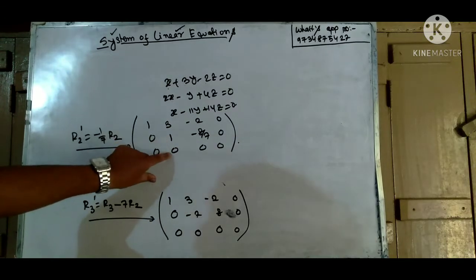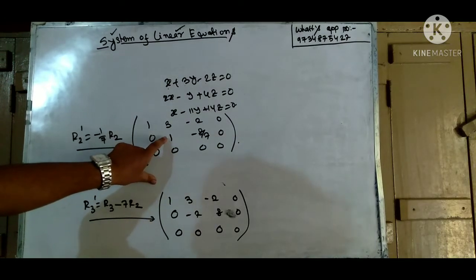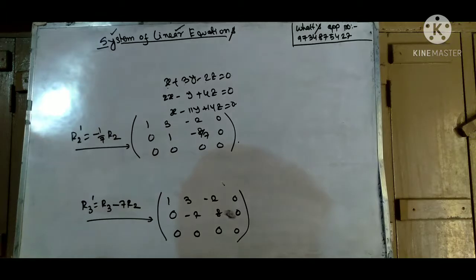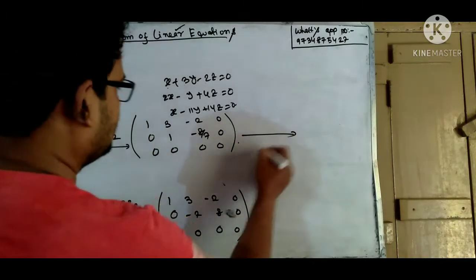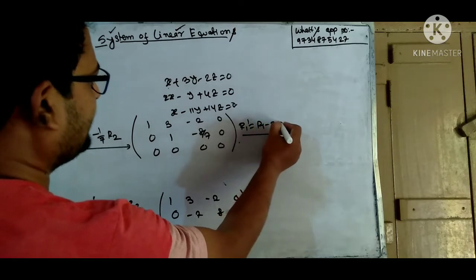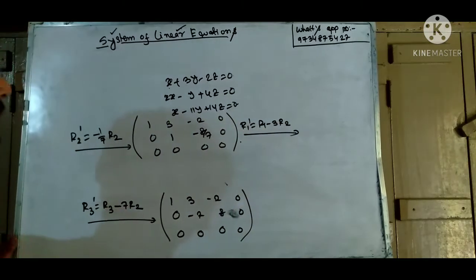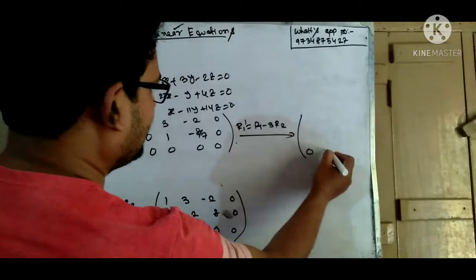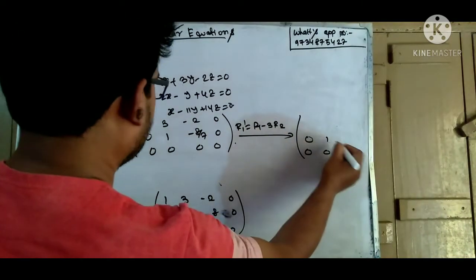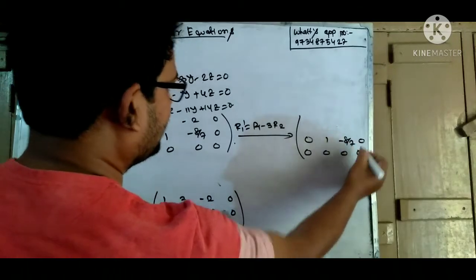So what we will do, this is already 0. So we have to multiply the second row by 3 and then subtract it from the first row. Then we will apply R1 dash equals R1 minus 3 R2. Then what will be the resultant matrix? 0 1 minus 8 by 7 0 as usual.